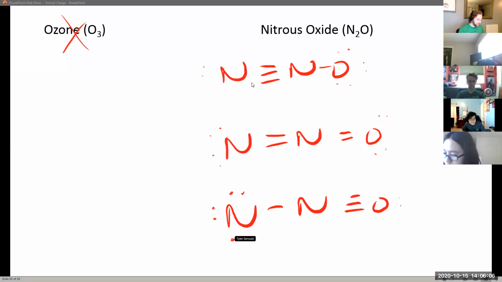And so when I'm drawing these, I'm making sure that everything is an octet and that I'm using the correct number of electrons, which should be 16 electrons for all of these. 2, 4, 6, 8, 10, 12, 14, 16. Yep. So they're all using 16 electrons, and we can use formal charges to talk about which of these 3 structures is the most correct version.